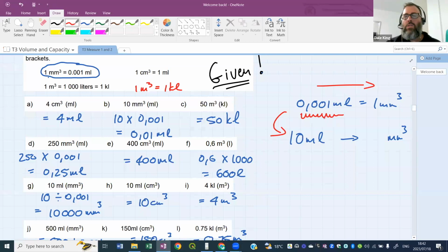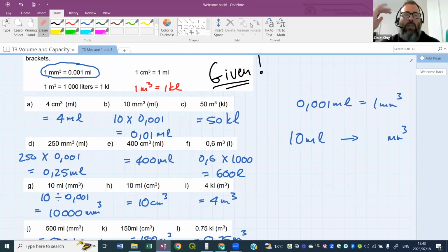Okay, so that's how I think of it. There are different ways to do it. You can use cross multiplication, but if you think of it that way, you can figure out which way to go. As the conversion is on your screen there, working from left to right, because this is smaller, I have to chop this number up. Working from right to left, because it's 1 going smaller, I have to multiply. But remembering it like a parrot, I don't feel is the best way. You got to think of a way to understand it, and then you'll never, ever, ever go wrong.